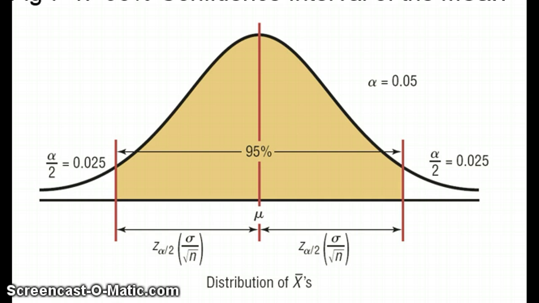That's the idea that alpha is 5%. The confidence level is 95%, 1 minus alpha. And so that's what the distribution is going to look like with 95% in the center and our z-scores.